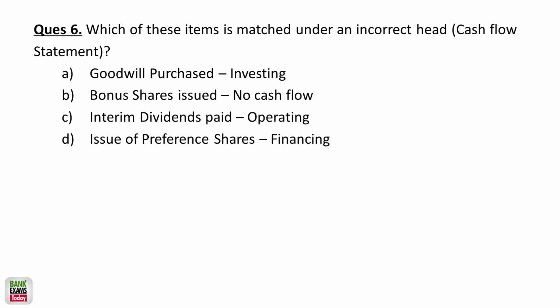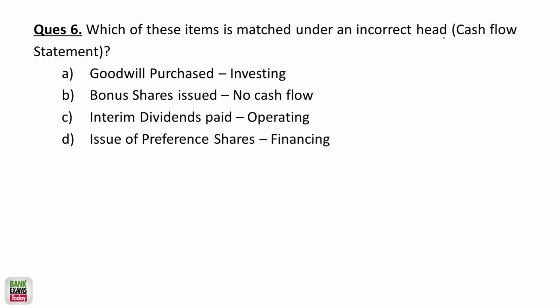Which of these items is matched under an incorrect head? Goodwill purchased is an investing activity, bonus shares have no cash flow, interim dividend is an operating activity, or issue of preference shares is a financing activity.